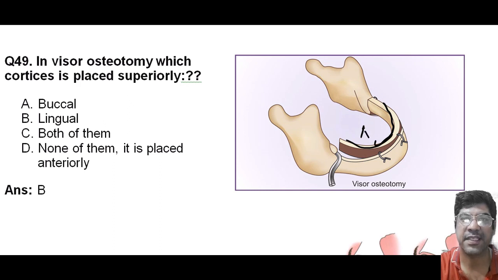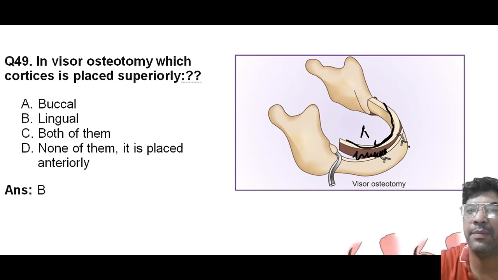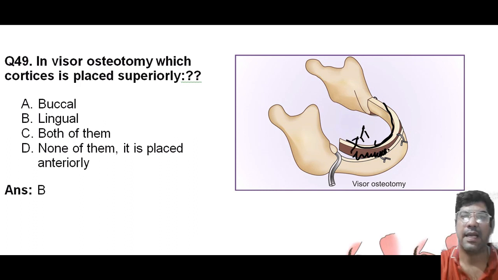This surgical procedure involves the splitting of the mandible in a buccolingual direction, and the lingual section of the mandible is placed superiorly, and the wires hold it in place.